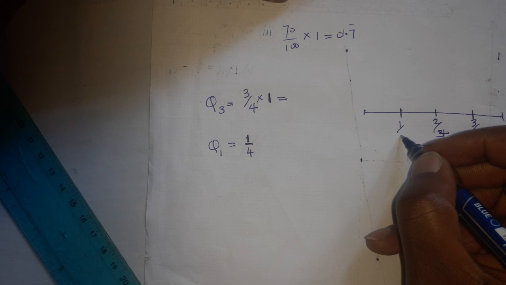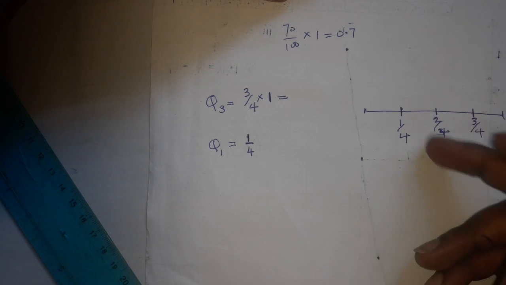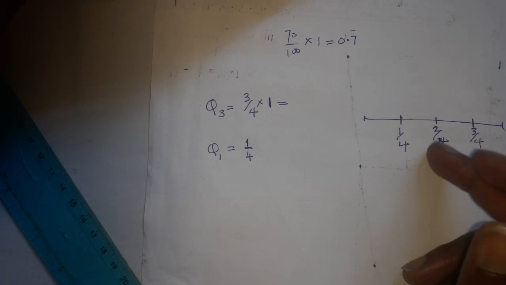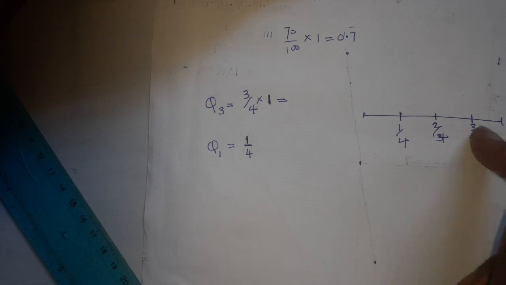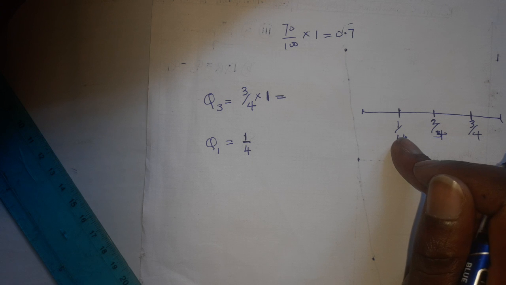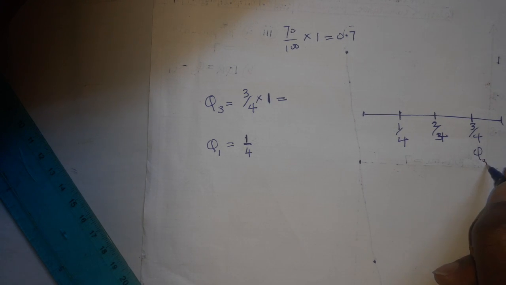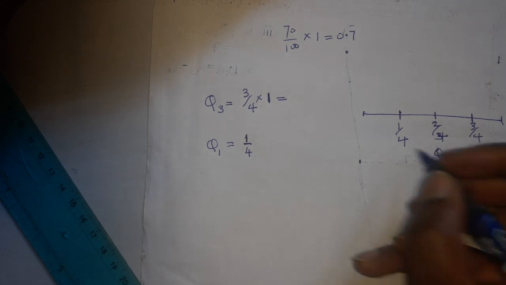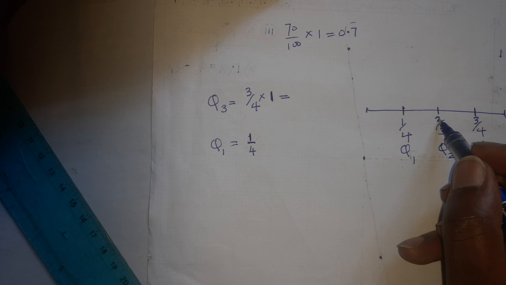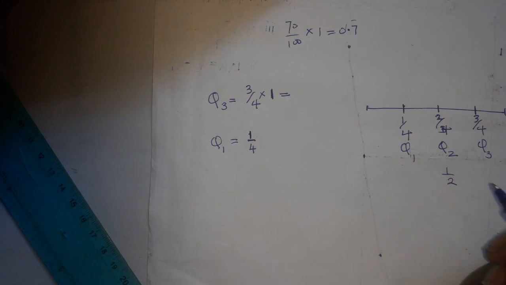Then this one is 1/4. So this is the upper quartile, the middle quartile, and the lower quartile. Because 2 over 4 is always simplified as 1 over 2.